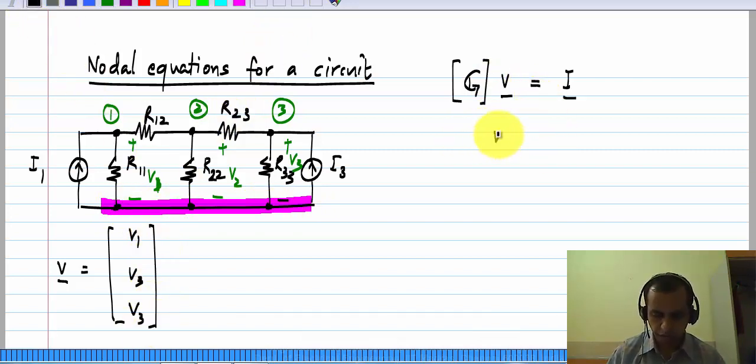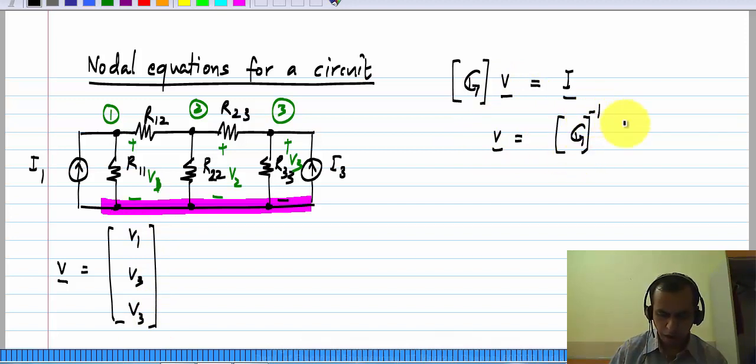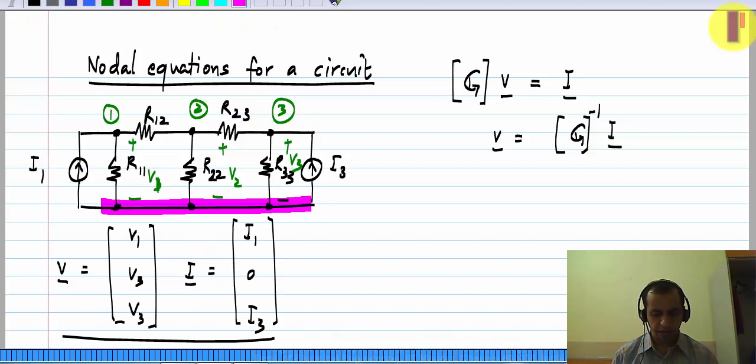And this is what we solve for. When we invert the matrix and multiply the vector of current sources, which in this case is this vector I1, 0, I3. Okay. Now what did we want to solve for?